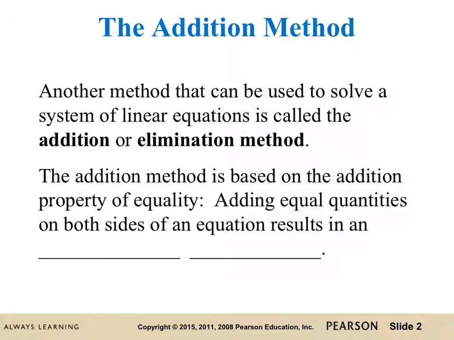So in this method, which is called addition or elimination, the addition method is based on the addition property of equality, which basically says that adding equal quantities to both sides of an equation results in an equivalent equation.